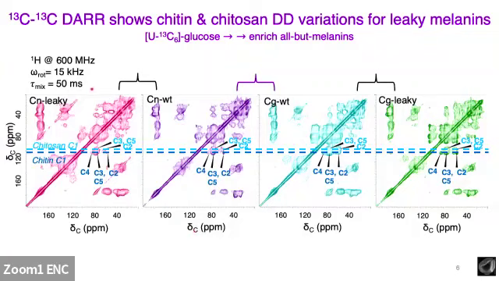And what we see here, first of all, is that the general patterns are similar, but because we know those carbon shifts from the TEDOR, the anomeric carbons can be distinguished. I can identify separately the chitin and the chitosan. And although the patterns look similar, if you look closely, as we'll do in a minute, you can see that some of the peak intensities differ.